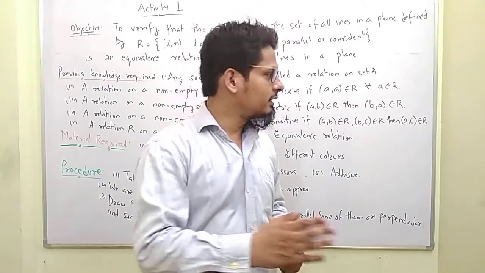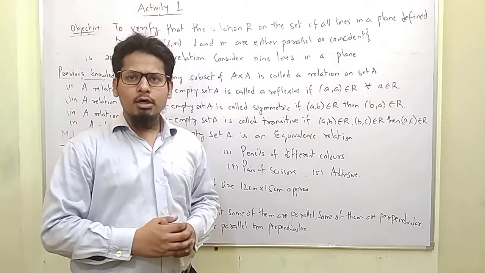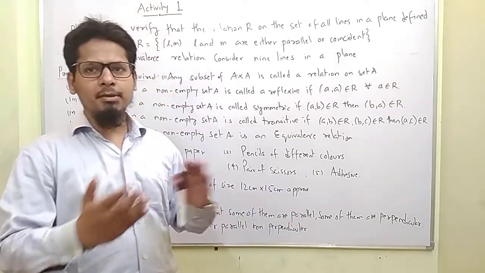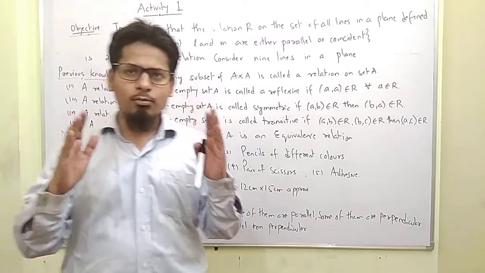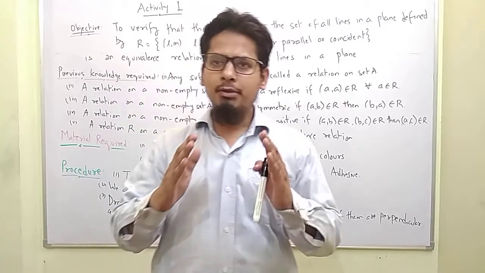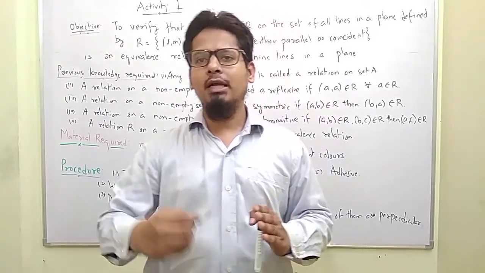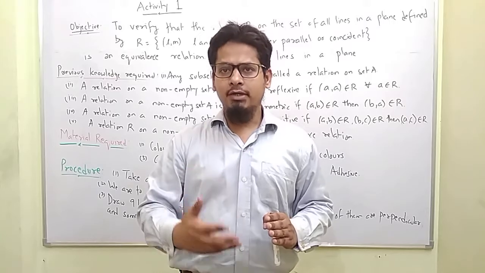After this I am going to draw the figure and explain how it is reflexive, symmetric, and transitive. Class, you have to make a math practical file, just as you did in class 11. In the same manner, we will do 10 activities here.